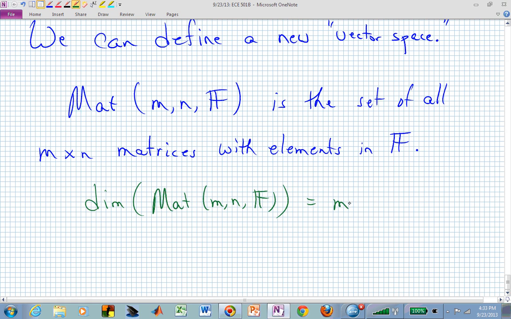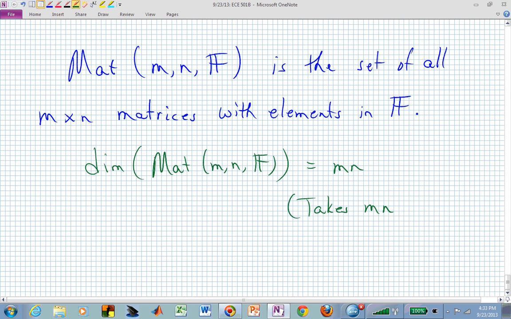This is now m times n, which is really saying that it takes m times n separate numbers to specify a generic matrix that's m by n in size.